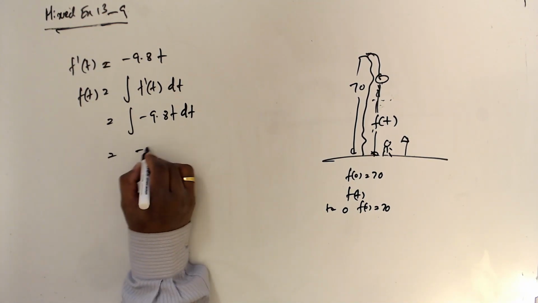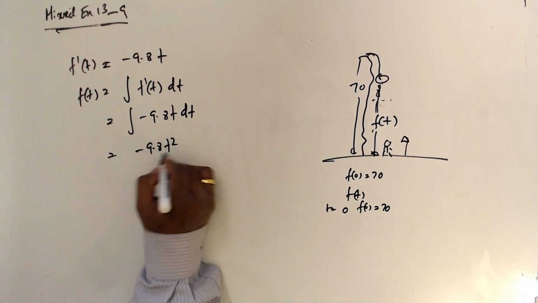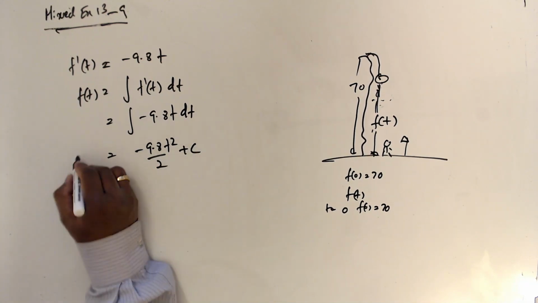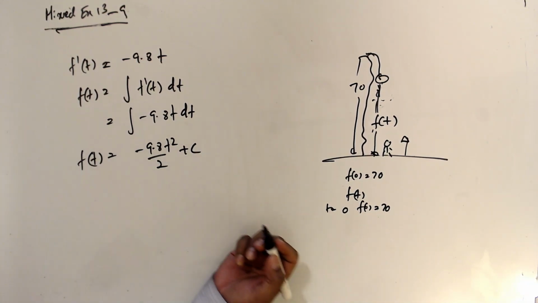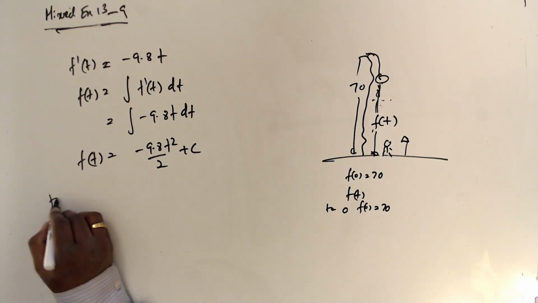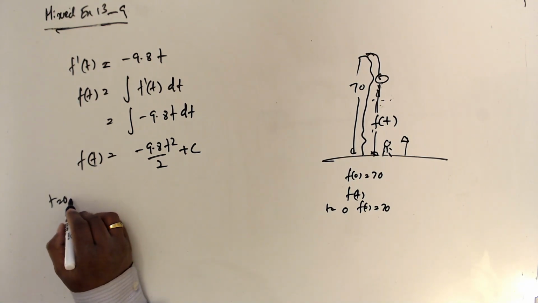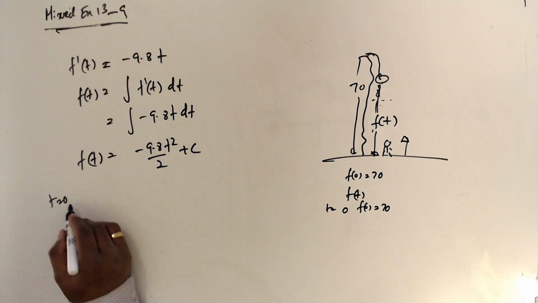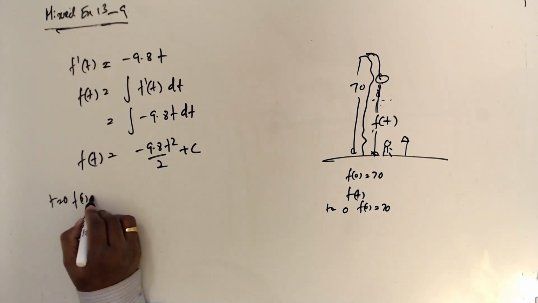So this is going to be minus 9.8 t square over 2 plus c. So this is the function. Now they have given data: when t equals 0, f(0) is 70.